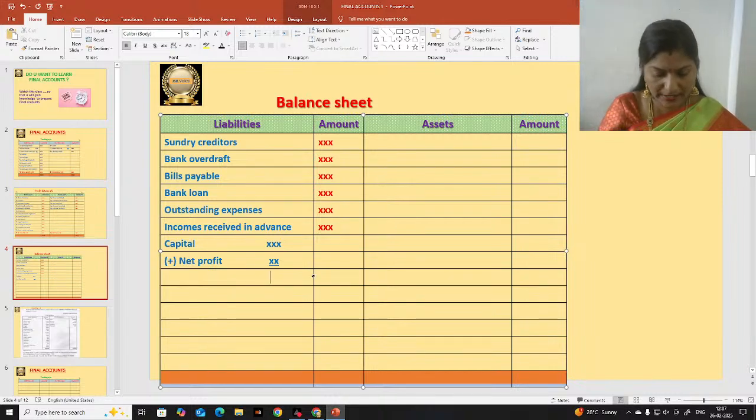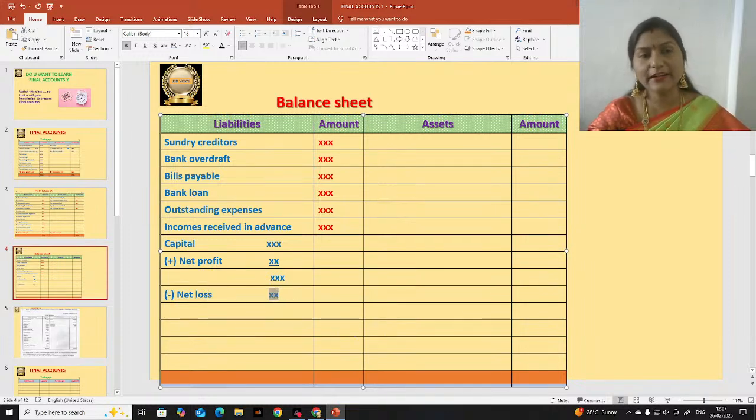I am mentioning XXX only. After that, if we get a net loss, it should be deducted. We may get net profit or net loss in the profit and loss account, any one of them. If we get net profit, we add it to capital.